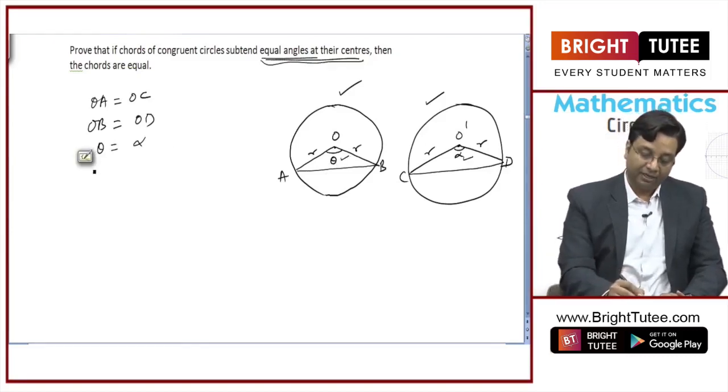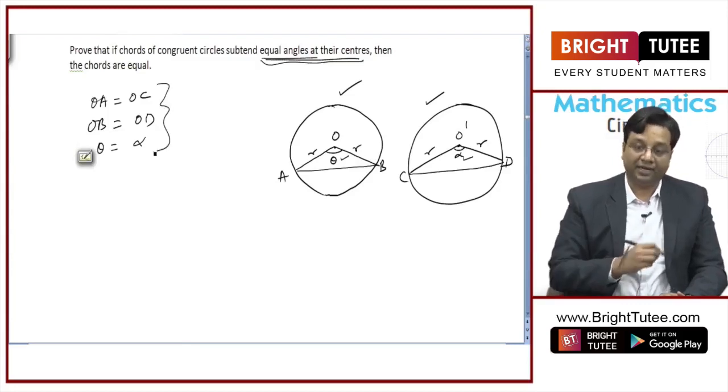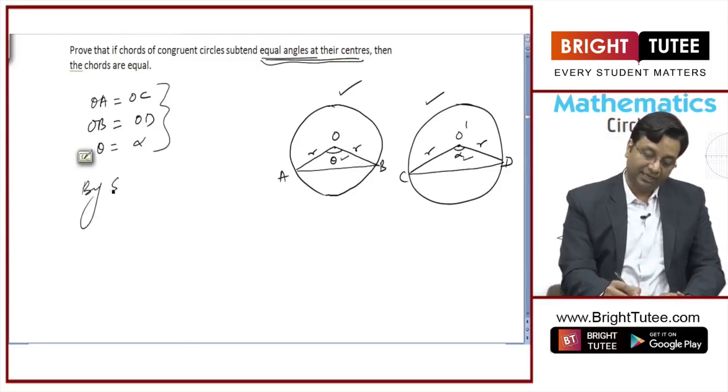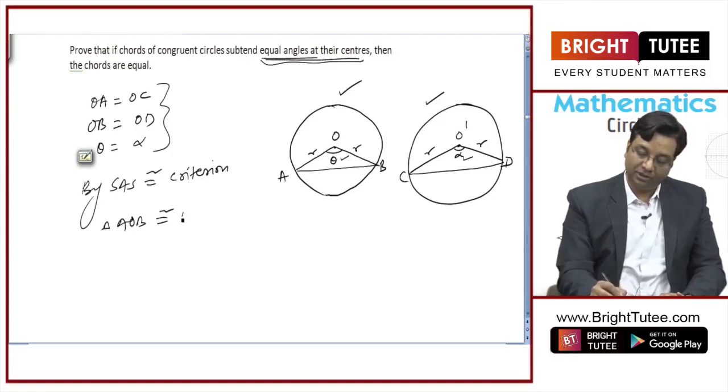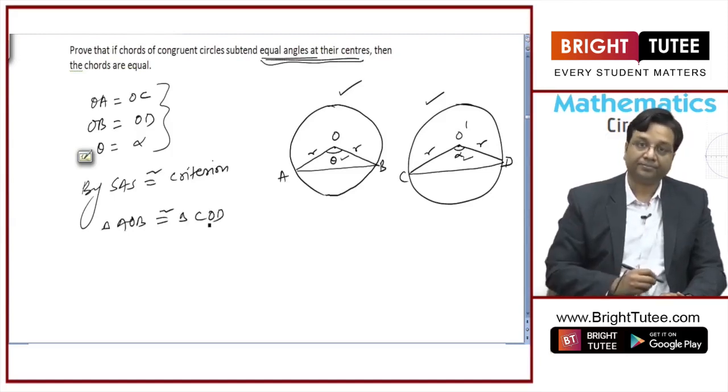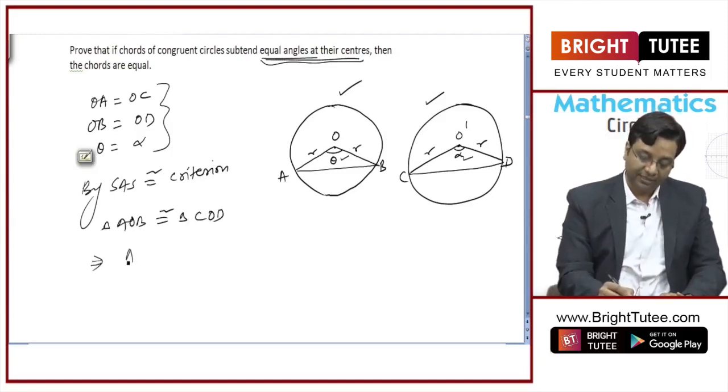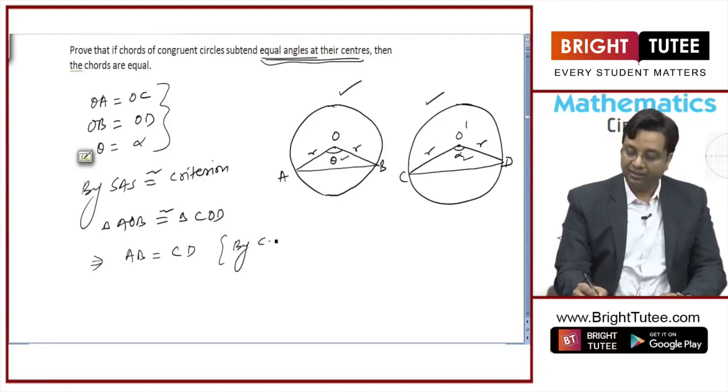Now, given these three facts, I can say by the side angle side congruence criterion that triangle AOB is congruent to triangle COD. Hence, AB is equal to CD by CPCT.